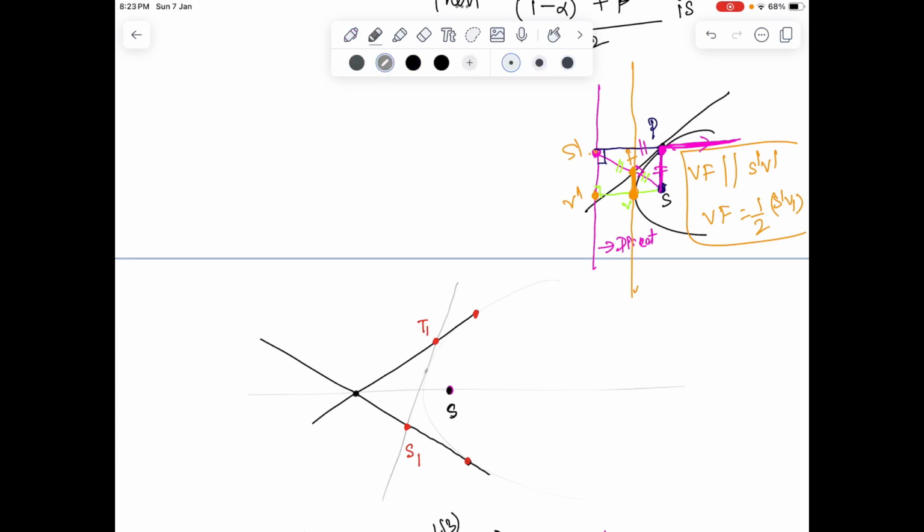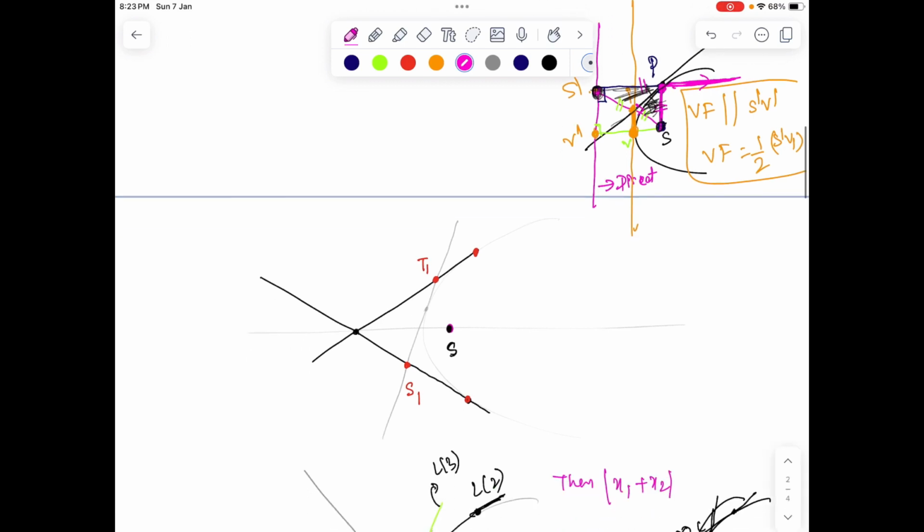So that simply shows these two triangles are congruent, or mirror images of each other, because these two angles are equal because of the reflection property. Hence the image S dash must lie at the same distance as PS, and S dash must be on the directrix. So by this I have proved both properties very logically.